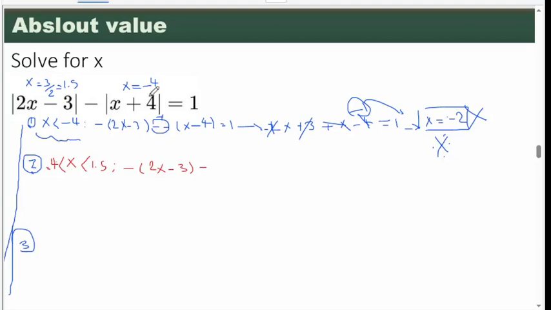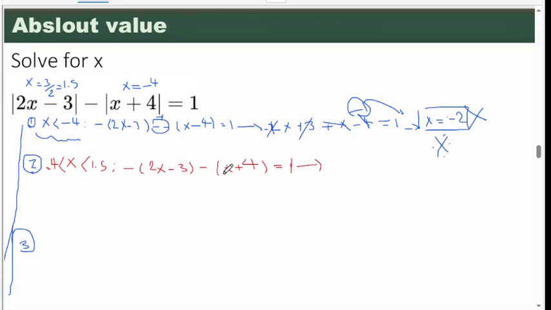And for the second one, I put the negative sign that's between two absolute values. For the second absolute value, I say it's larger than negative 4, so I get rid of this absolute value without any multiplying, equals 1.